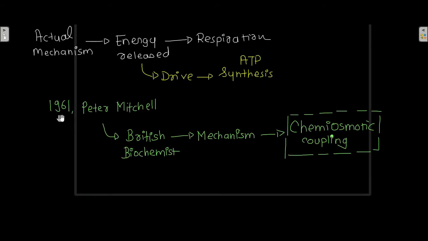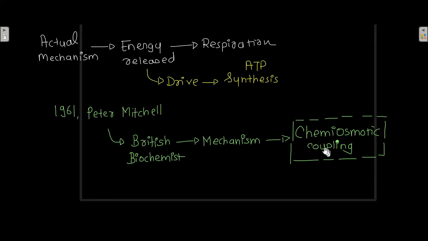In 1961, Peter Mitchell, a British biochemist, proposed a mechanism known as chemiosmotic coupling to answer how the energy released from respiration is used to drive ATP synthesis.